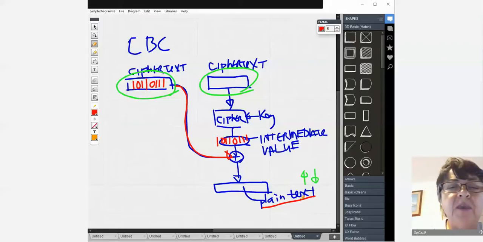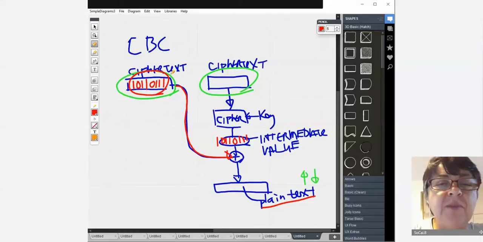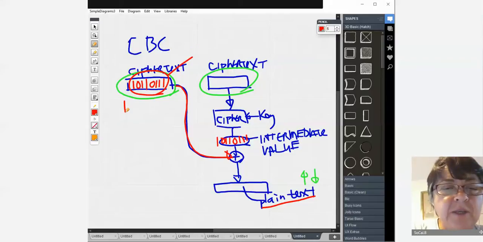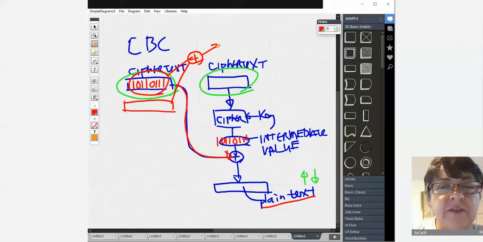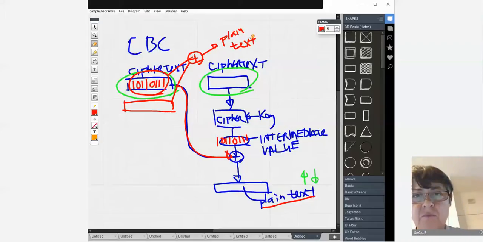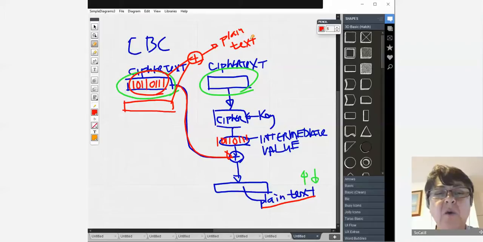Then once I have the right intermediate value, I take the original ciphertext that I changed and XOR it, and I get the plaintext out of it. Do you see how that works?